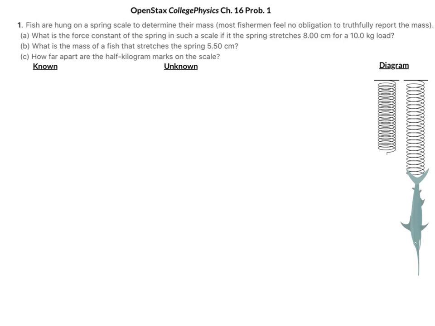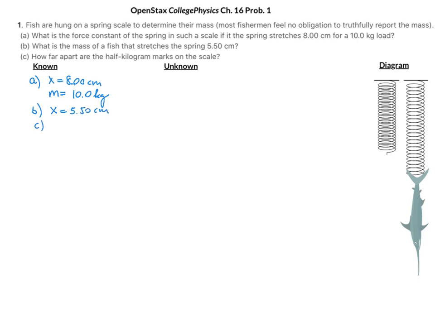In part A, we know that we have a stretch of 8.00 centimeters for a 10 kilogram load. So the mass is 10 kilograms. In part B, we know that the stretch of the spring is 5.50 centimeters.